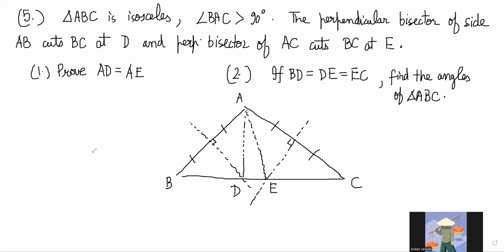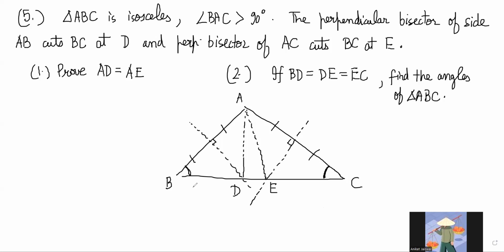Sir, if it is isosceles, angle ABC is equal to angle ACB. And sir, I just connected DA and EA.